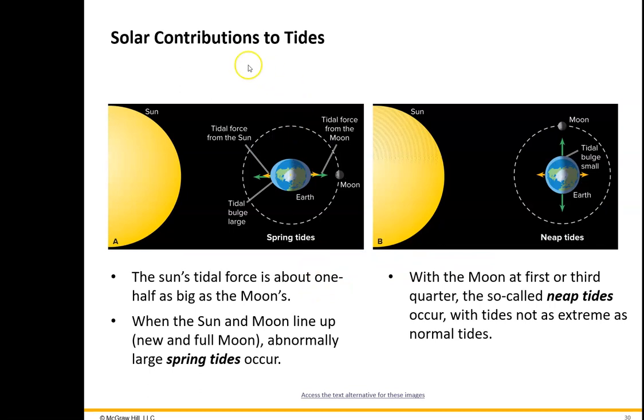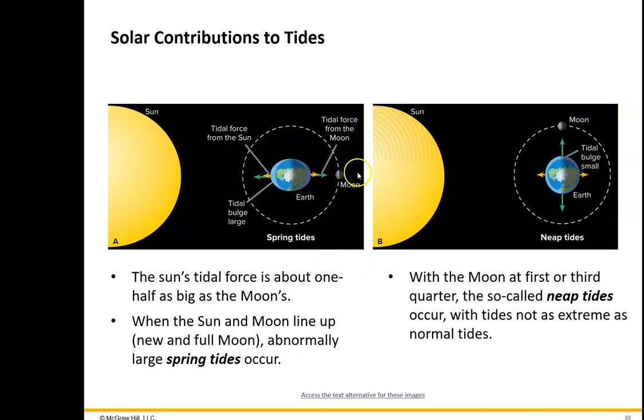All right. Now, we just talked about the moon contributing to the tides, but I know we mentioned before that the sun is much further away than the moon, but since the sun is so much more massive, it still contributes to the tides, right? And so here's how it does it.